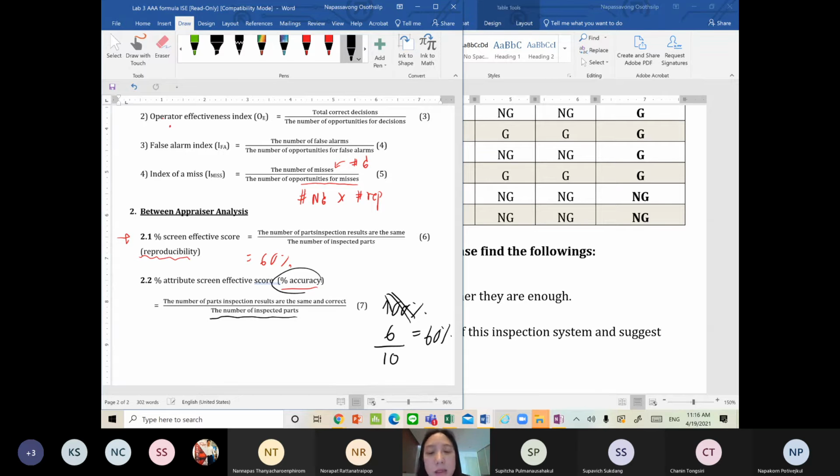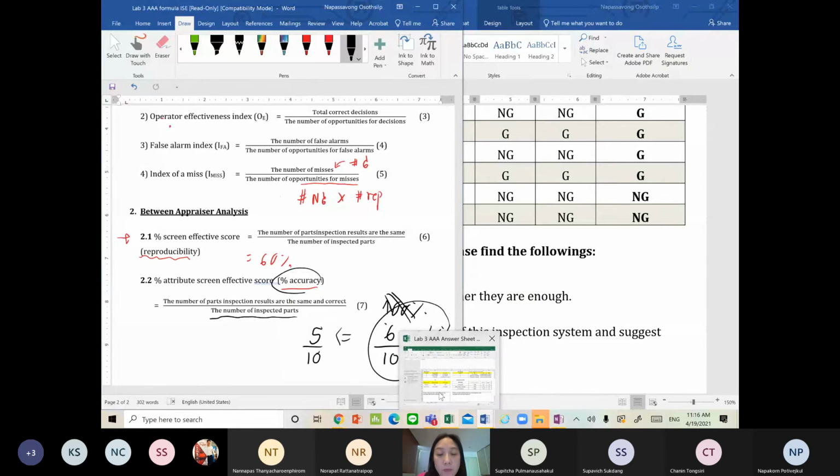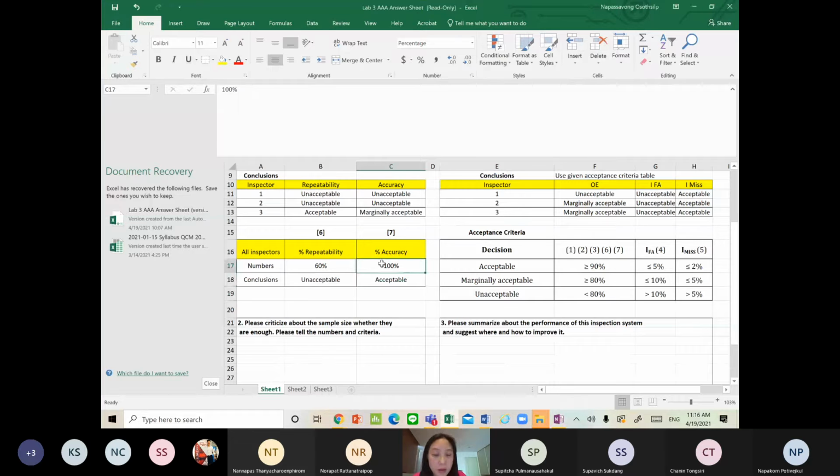So this percentage is 60%, not 100%. But if out of 6 consistent parts only 5 parts were correct, then percent accuracy should be 5 out of 10. But in this case, it's 60%, and then it should be unacceptable.